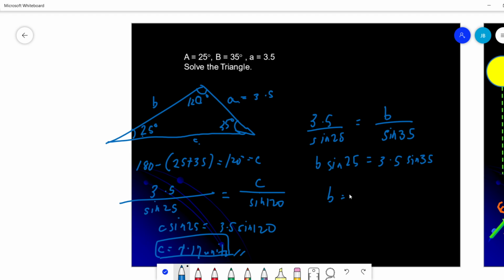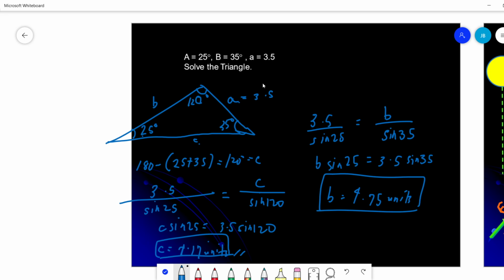So our B is 3.5 sine 35 divided by sine 25. That's 4.75 units. It's reasonable, right? C is the biggest. Look at the lengths: our B is 4.75 and the smallest one is A, which is 3.5.